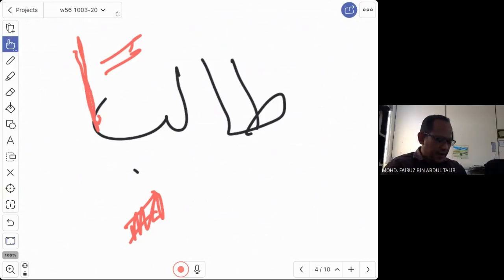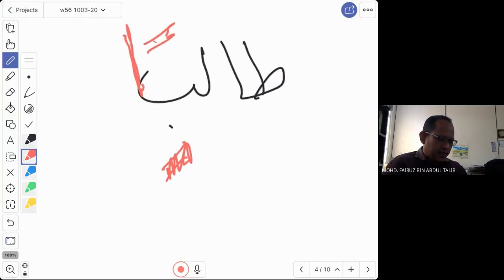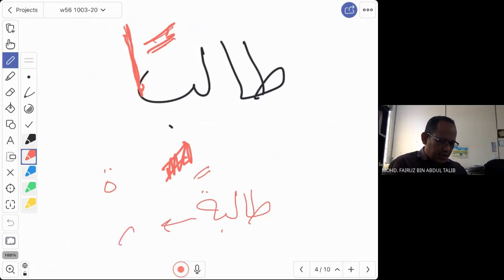Now, I also mentioned that for this tanwin fathah, this alif is put for most words, except if the word ends with ta marbuta. For example, the word taliba, when it has a tanwin fathah, there is no need to add alif. Talibatan. Except ta marbuta.